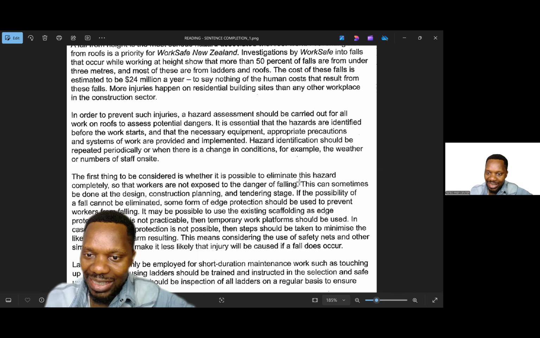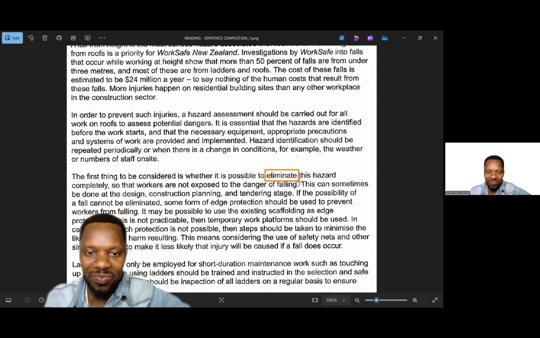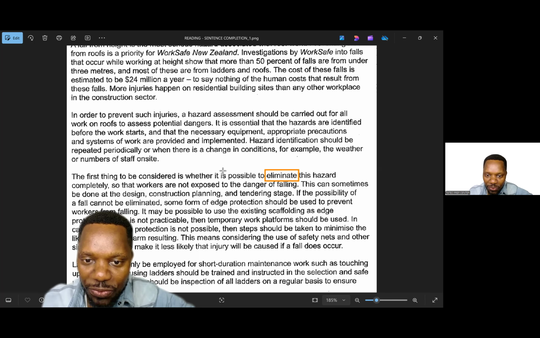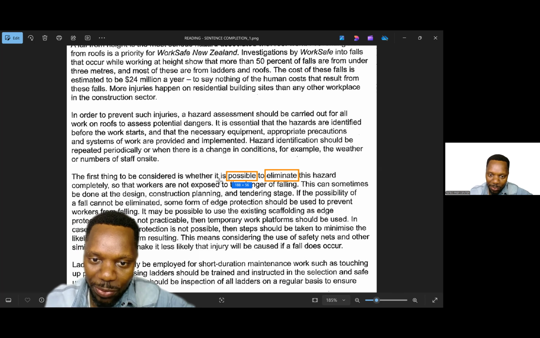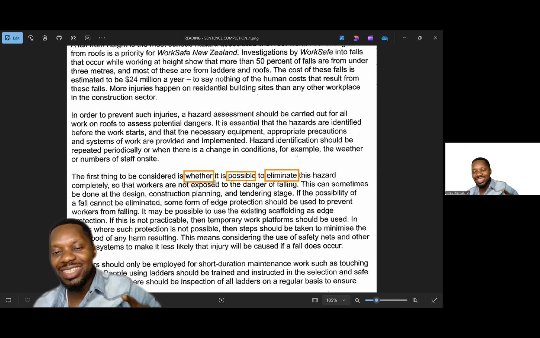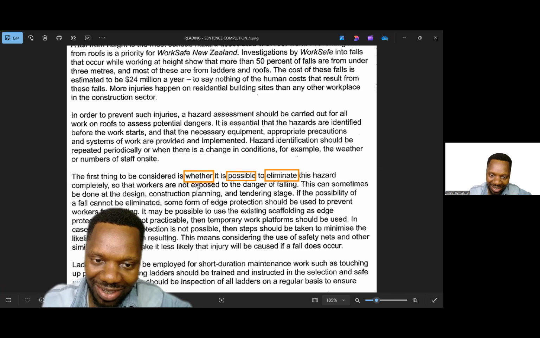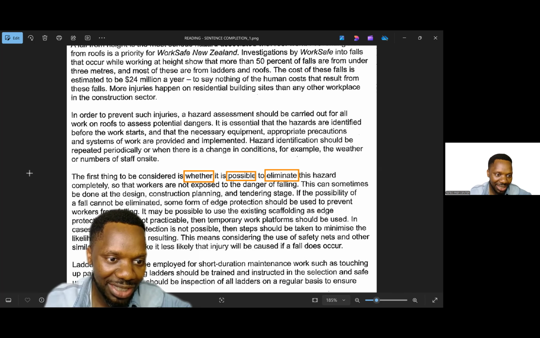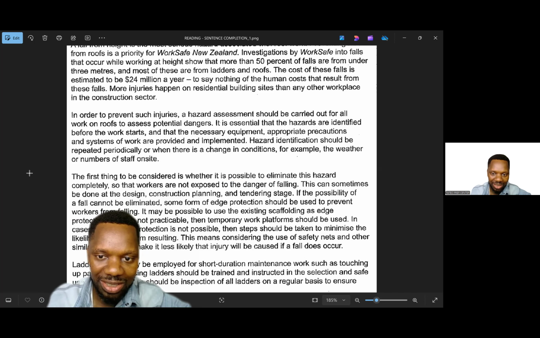So eliminate this hazard completely, and then if possible, here is possible, and here is if in a paraphrased way. So please, let's always try to interpret these and make the best choices.